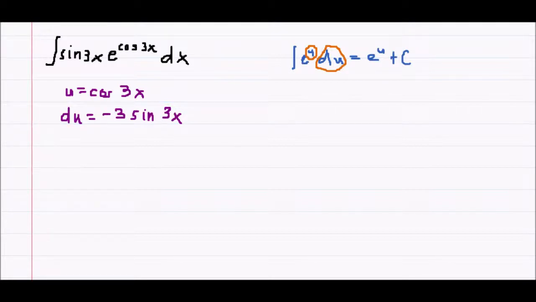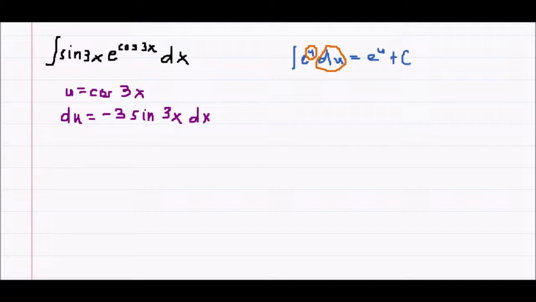Then our du is negative 3 sine 3x. I forgot to put dx, because we are getting the derivative, so we must put dx here. So we have negative 3 sine 3x dx. We have our sine 3x here, and we have our dx here.